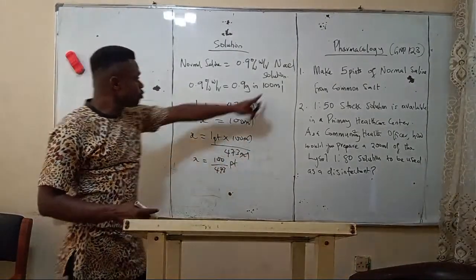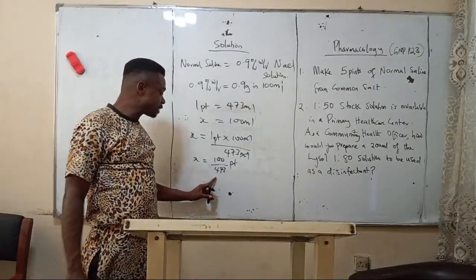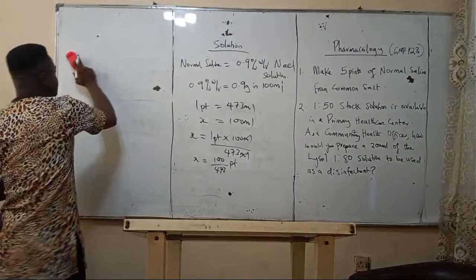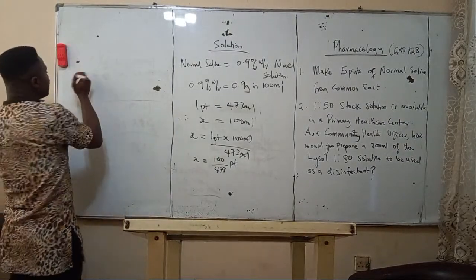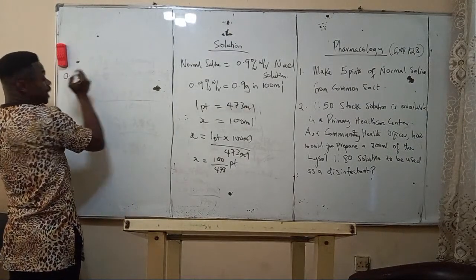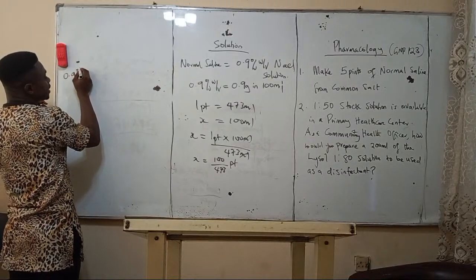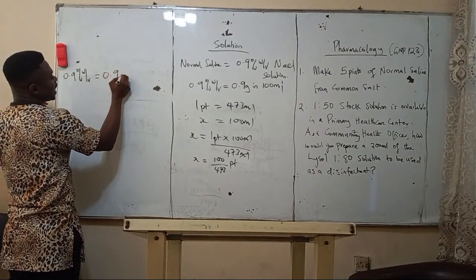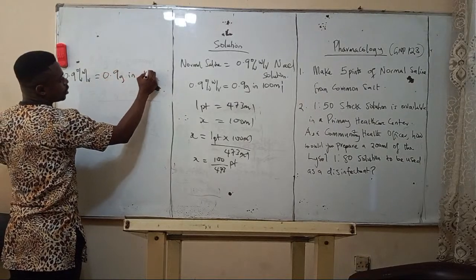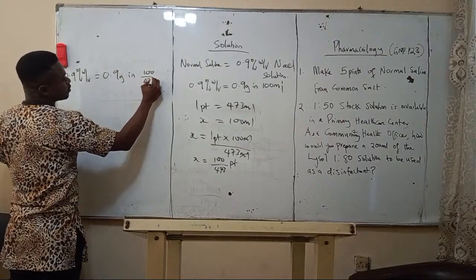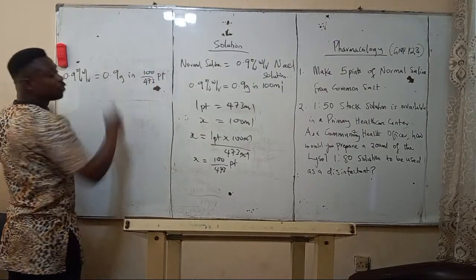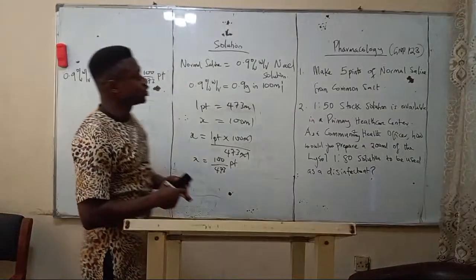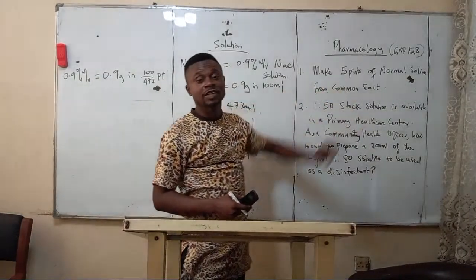So 100 ml is 100 over 473 pints. That means 0.9% weight in volume is the same as saying 0.9 gram in 100 over 473 pints. This one is more straightforward than the other one, and it also tallies with what we are given in the question.